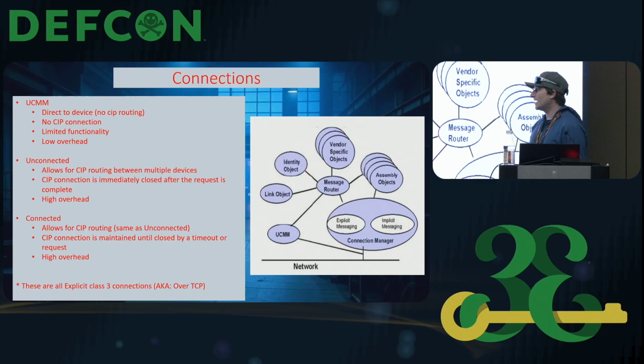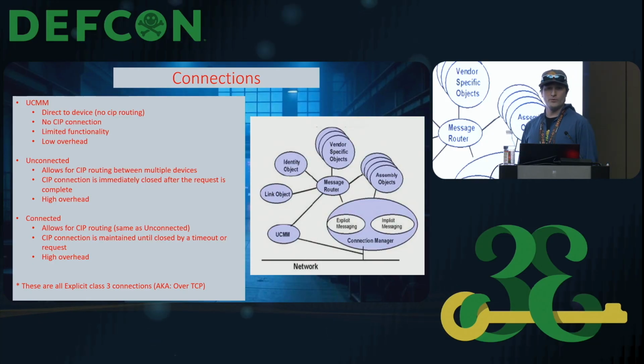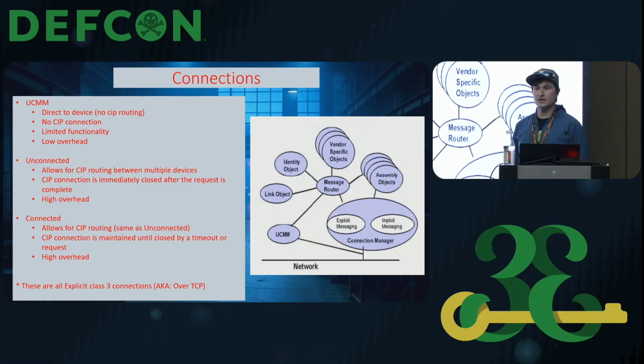So, if we want to actually talk to one of these devices, access these CIP objects, there's 3 ways to do this. There's 3 forms of what we call explicit communication. That's where we're doing a request and we get a response from the device. There is UCMM. That's your unconnected message manager. We talked about how CIP has its own mechanisms for things like routing and other network services that TCP already provides.